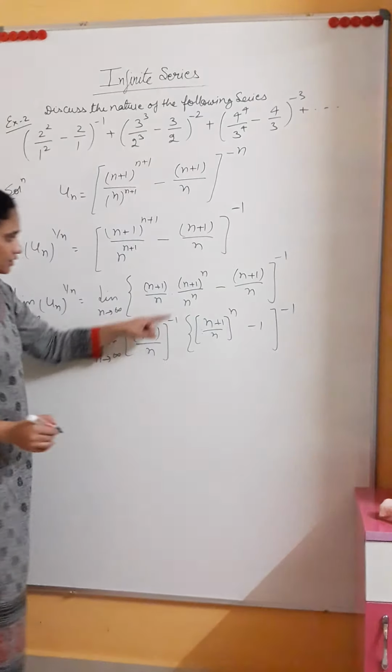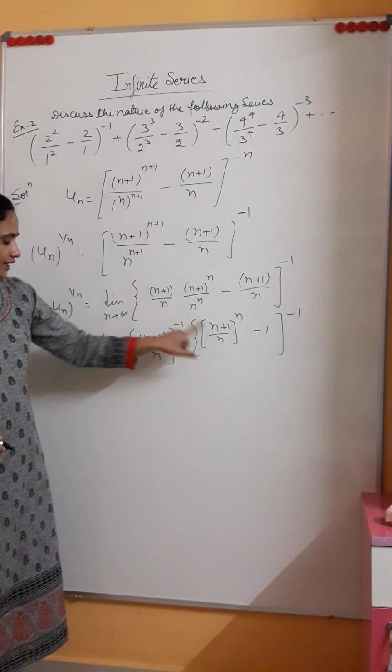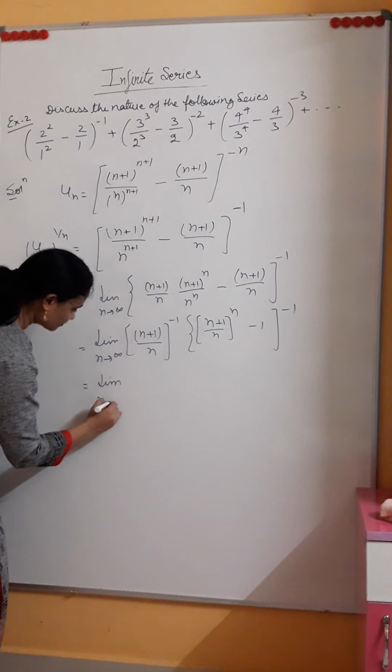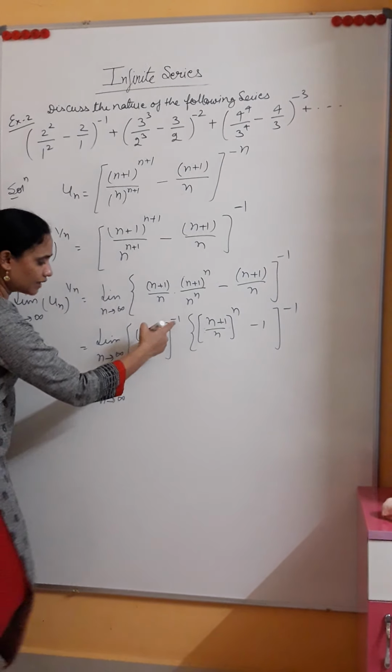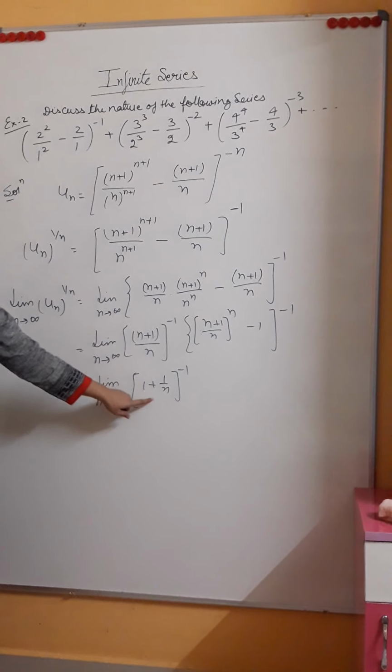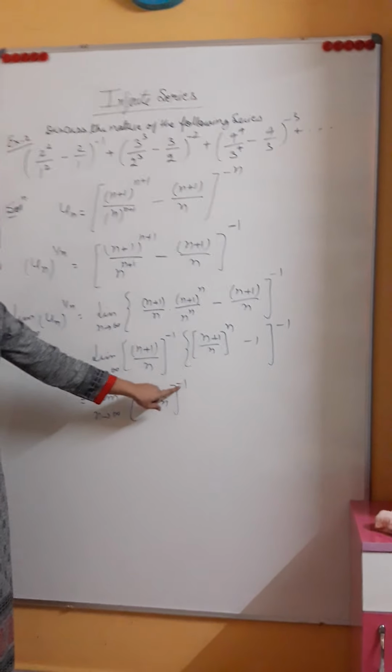Power minus 1. Since power is the same, I have taken it in this form. So now again I can write this, 1 plus 1 by n power minus 1. That will be easier for us to write. 1 plus 1 by n power minus 1.